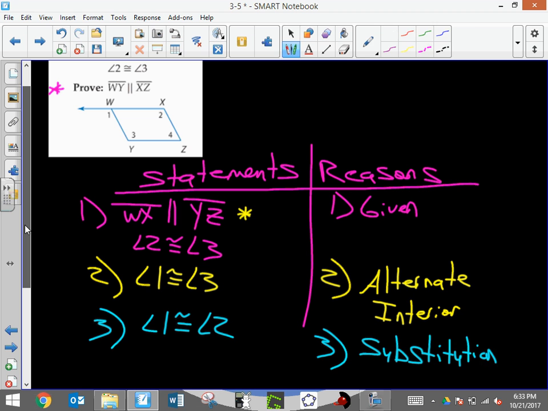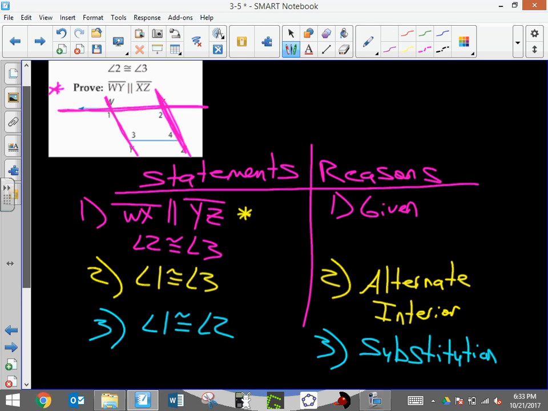Well, we've actually got to the end of our proof now. I'm trying to show that WY, this one, is parallel to this line. This one is going to be my transversal. There's a relationship between angles 1 and 2. Might be kind of difficult to see, but those are corresponding angles.